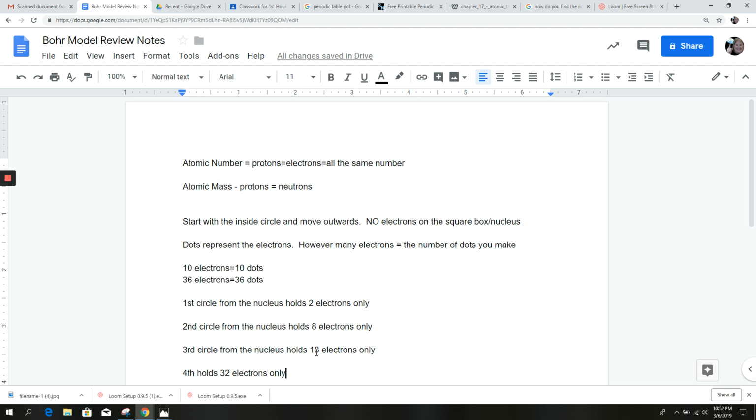That's only 28, because 10 plus 18 is 28. So we've still got to get to 36. So we have 6 more dots to do. Our fourth level can hold up to 32, but we only need to put 6 in there, because that equals 36 electrons.